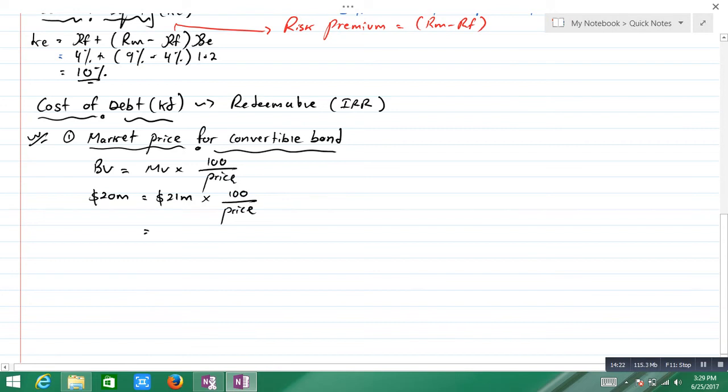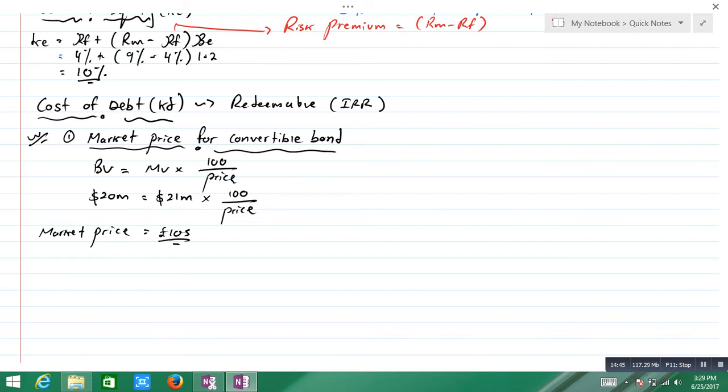How much is your market price? That will give you 105.